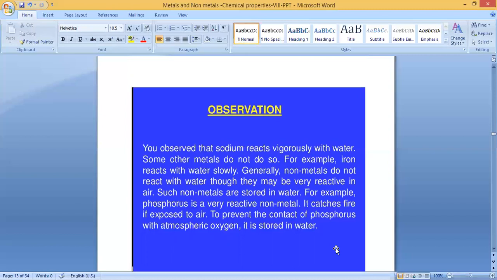To prevent the contact of phosphorus with atmospheric oxygen, we take the phosphorus and store it in water to avoid accidents. Clear, children?